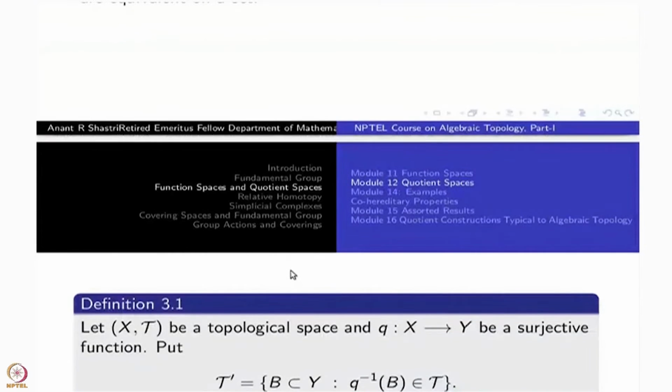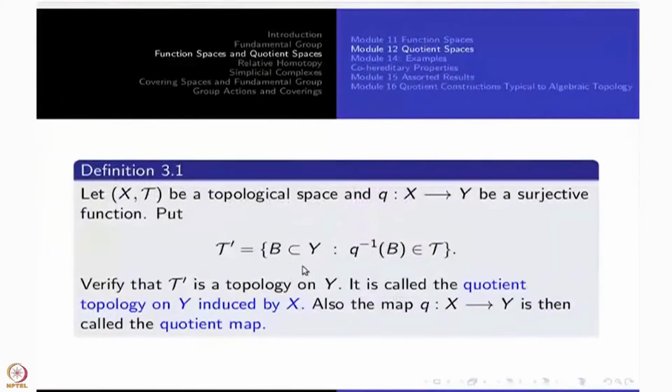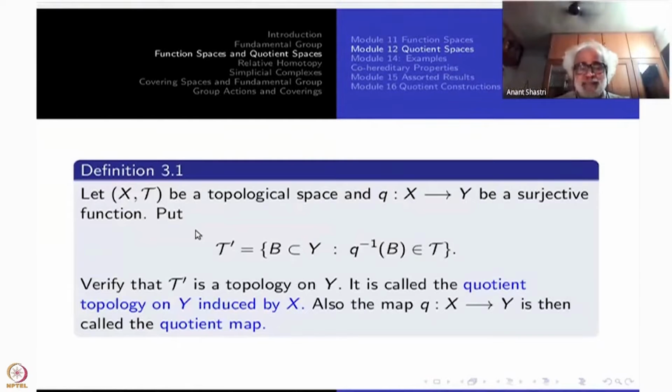Now let us come to the topology. Suppose (X, tau) is a topological space, X is a set and tau is a topology. And Q is a surjective function from X to Y, where Y is any set.